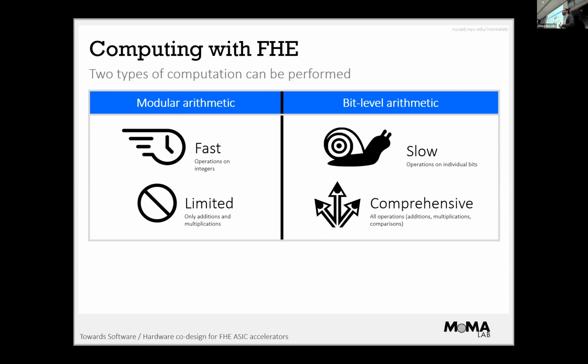But with bit-level arithmetic, because you have gates now, if you have a NAND gate, you can do any computation. That includes comparisons, right? So many times, for example, with modular arithmetic, you cannot do A greater than B. It's not an operation you can perform with additions and multiplications. But if you convert everything to bits, the comparator is a Boolean circuit, and you can actually use it.